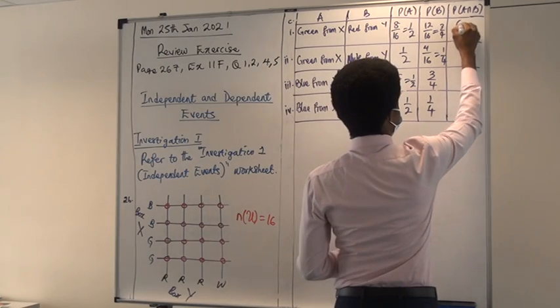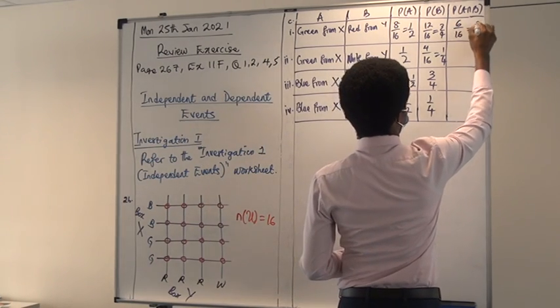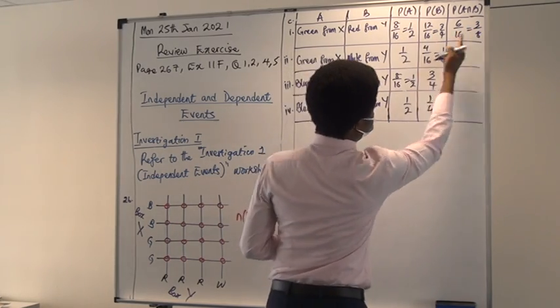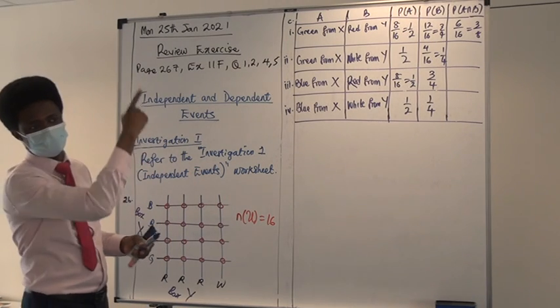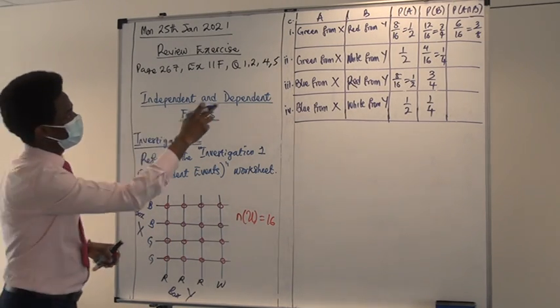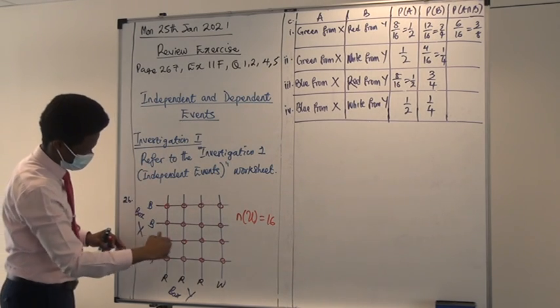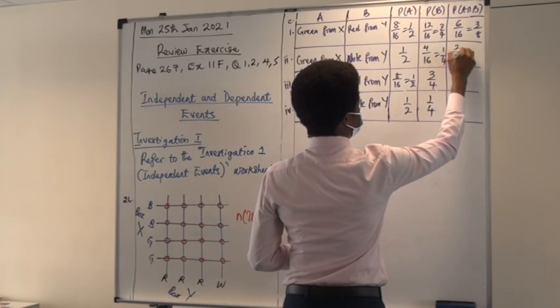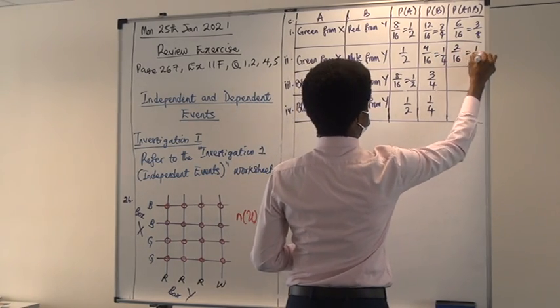So this is 6 out of 16, which is 3 out of 8. The idea is that when you multiply, you realize it's equal to this, but you're not supposed to multiply immediately. Again, green from X but white from Y: 2 out of 16, which is 1 out of 8.